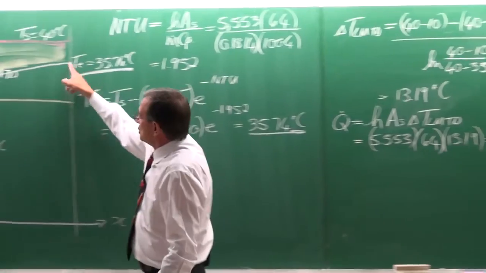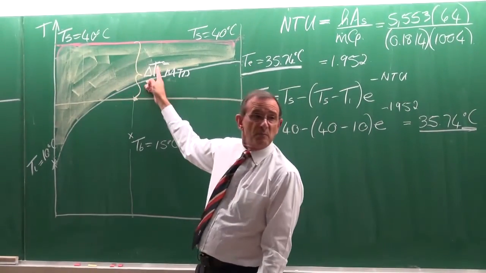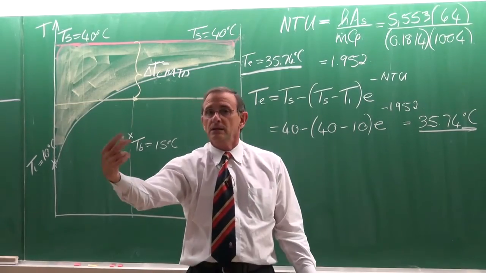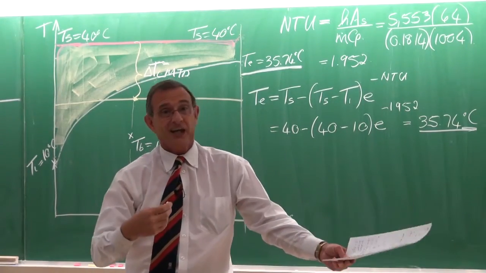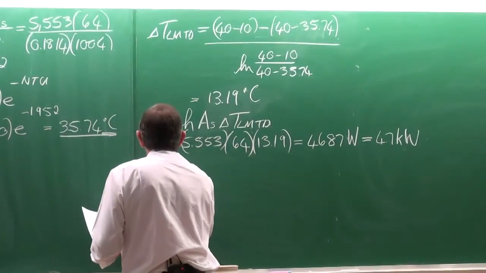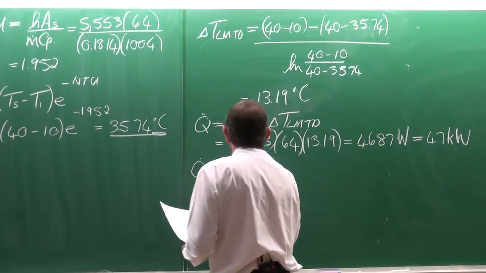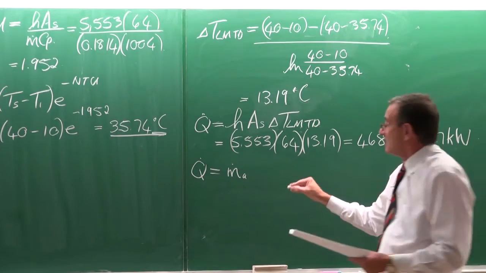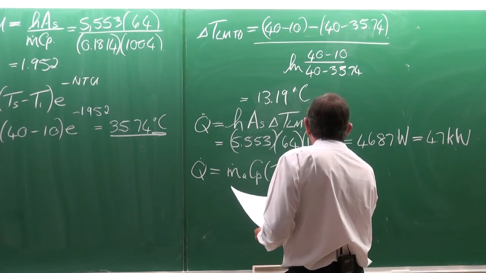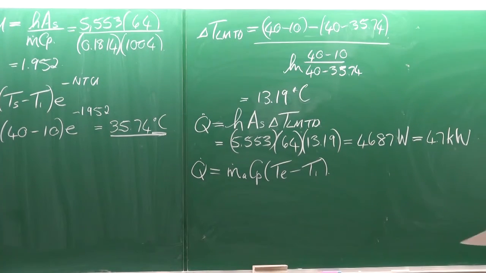But we've got that temperature, and we've got the mass flow rate of the air. So there's an alternative way of calculating the heat transfer rate, and that should be a good check. They should be the same. So we can also say the heat transfer rate is also equal to the mass flow rate of the air, the Cp of the air, the outlet temperature of the air minus the inlet temperature of the air.